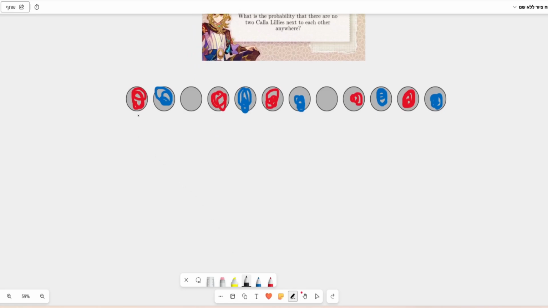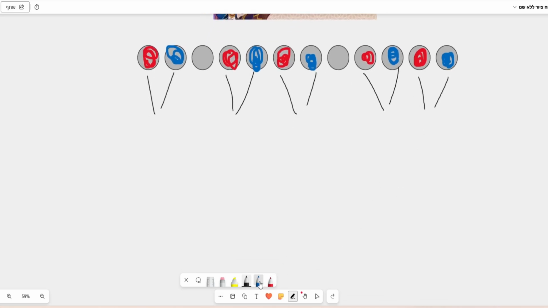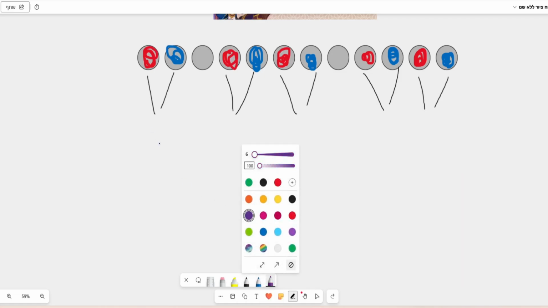Now if you look at this, we can see that these all are sets, are groups, right? These are groups of, let's call these purple, okay?